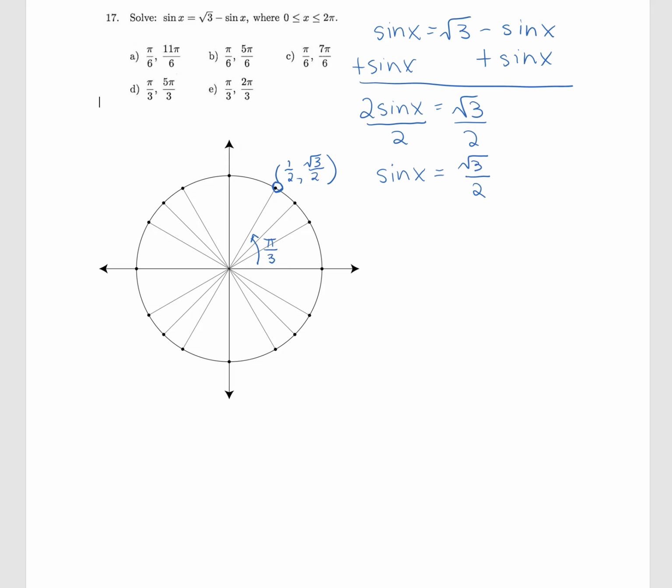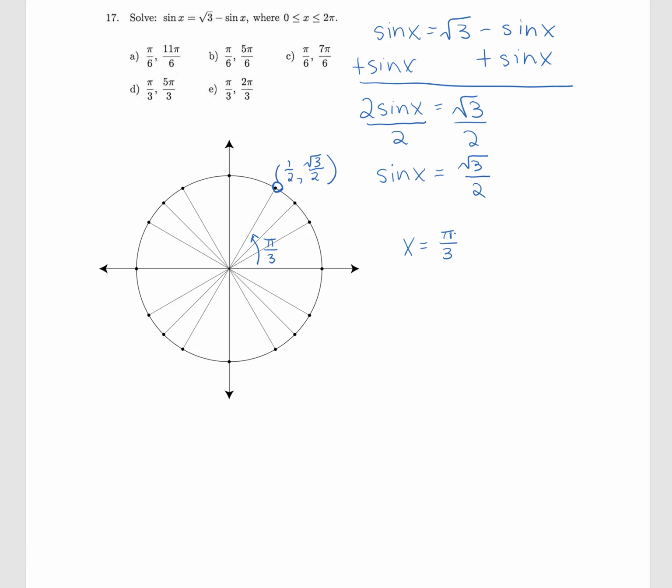And so if we're told that sine x equals root 3 over 2, we know that x, or the angle, equals pi over 3. So one of our answers for x is pi over 3 because it's one of the standard angles on our unit circle.